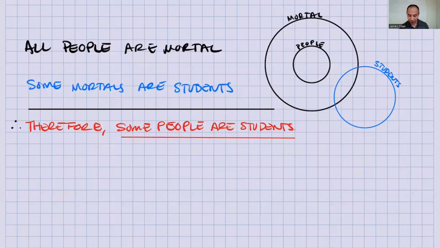So this would be invalid. Does that make sense? Okay, so that's what the Euler diagram is about.